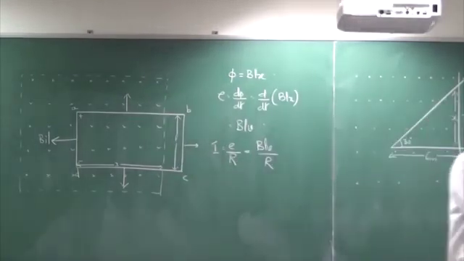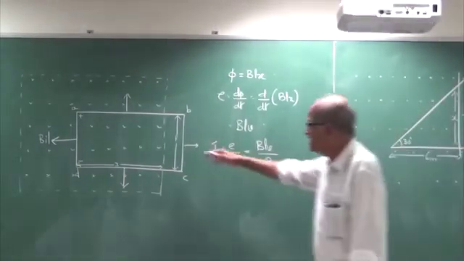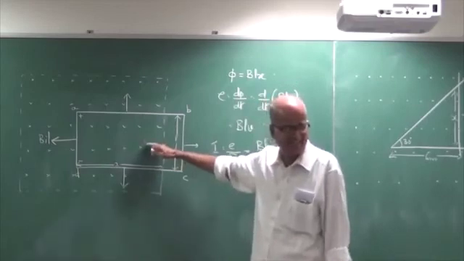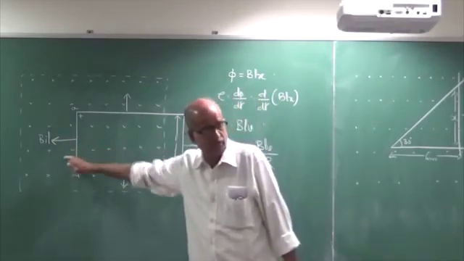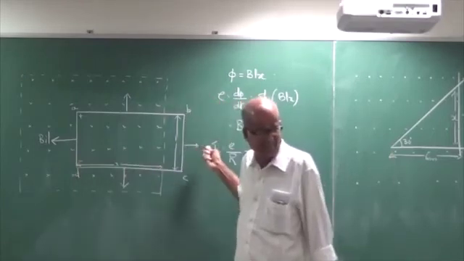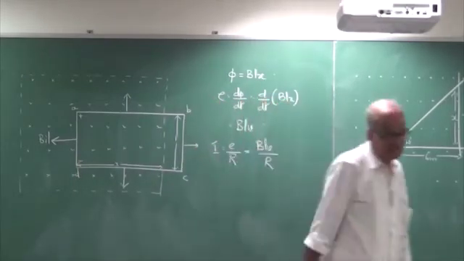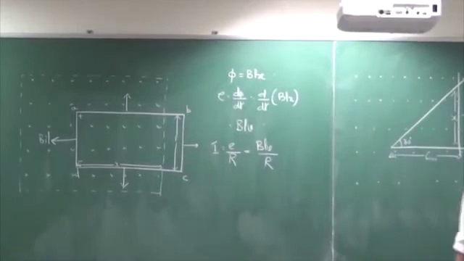So, if you want to pull this out with a constant velocity, you have to apply a force on this side which is equal to this. Suppose you want to accelerate this, you have to apply a greater force. That acceleration can be found out from force divided by mass, where m is the mass of the loop, say.